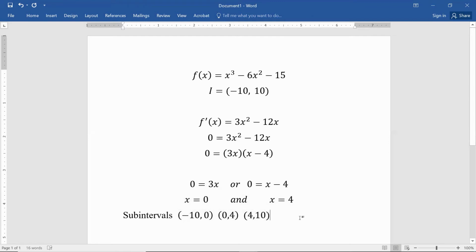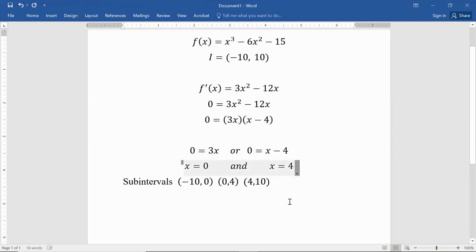Like I said earlier, because the only place we can change from increasing to decreasing is at the critical values, I know that between -10 and 0, this function is always going to be either increasing or decreasing.